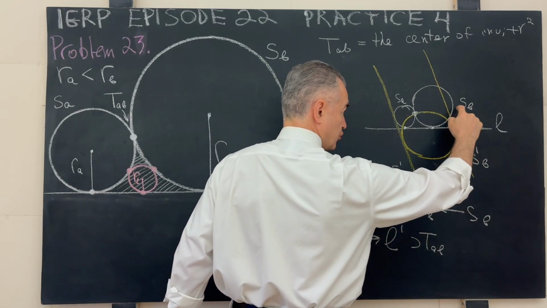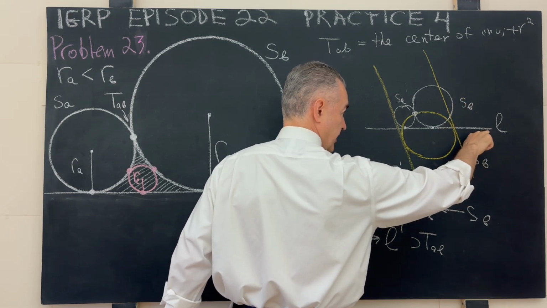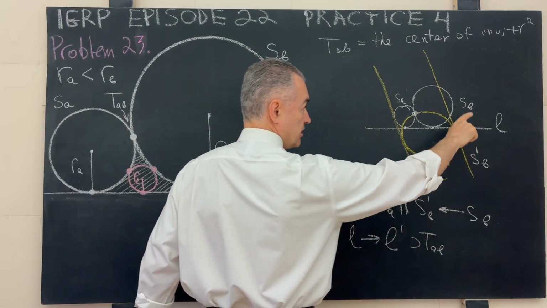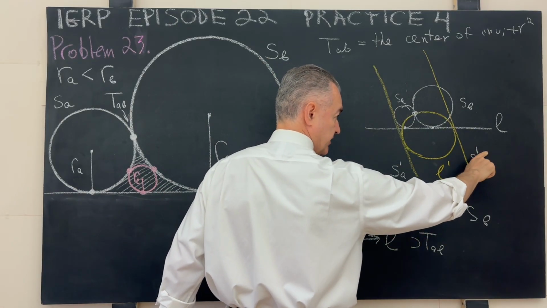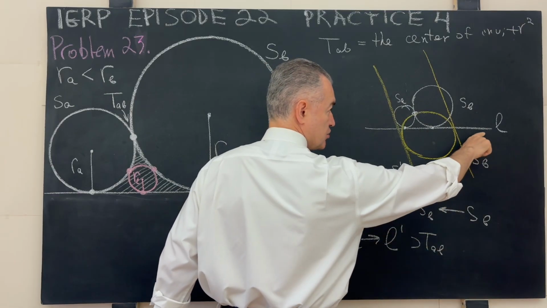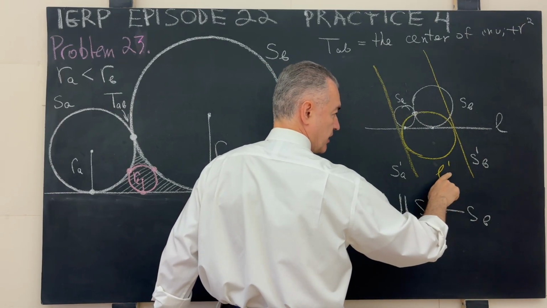Likewise, because the circle SB touches the straight line L, it means the images of these two objects will also touch. The image of the circle SB is the straight line S prime B, parallel to the straight line S prime A, and the image of the straight line L is the circle L prime.